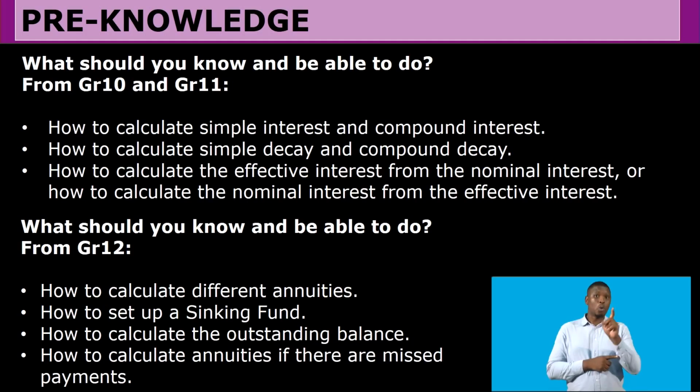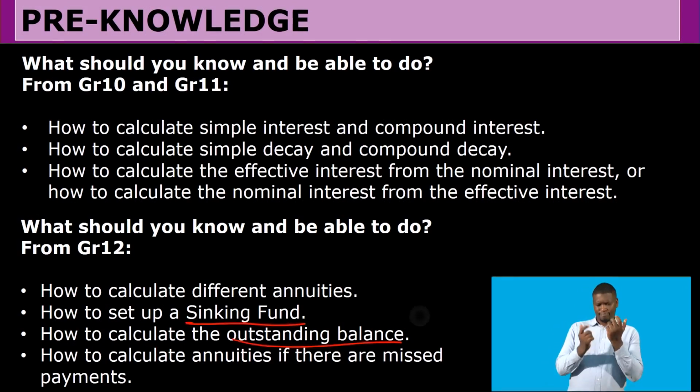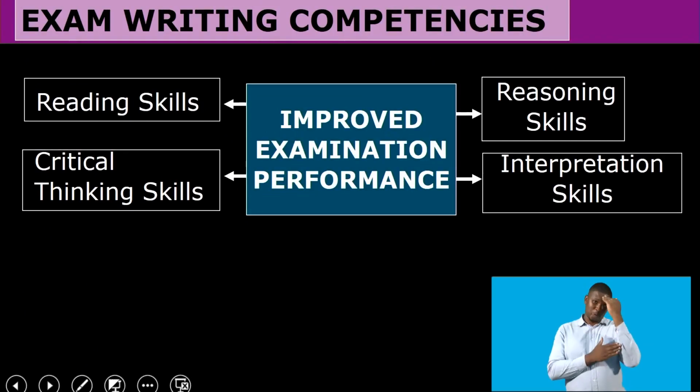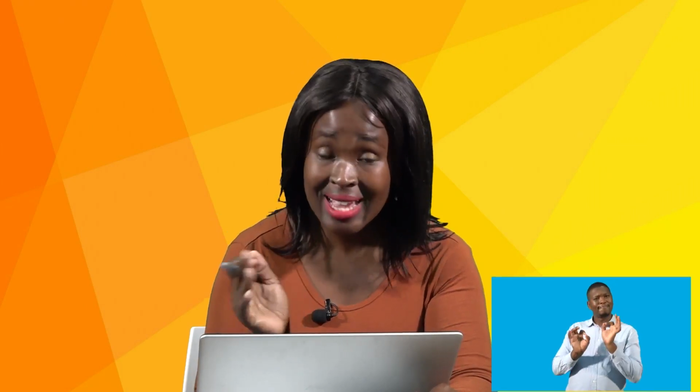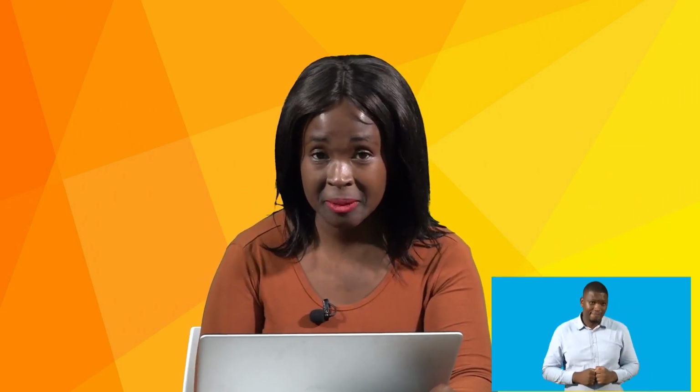And then what you should know or be able to do from grade 12 is how to calculate different annuities, also how to set up a sinking fund, and how to calculate the outstanding balance, and also how to calculate annuities if there are missed payments. So those are things that you should know from grade 12. Then, of course, we have those skills that you need to sharpen when it comes to the exam, because you need to make sure that you answer those exam questions precisely and accurately.